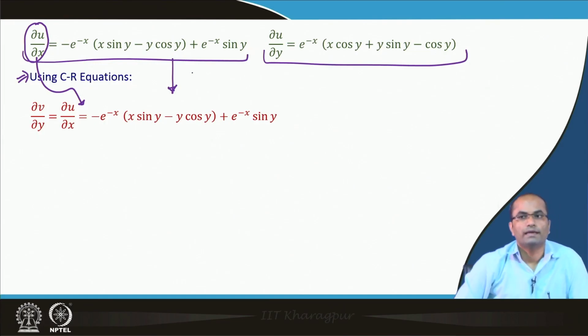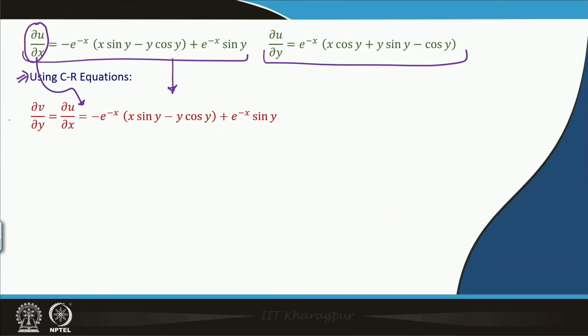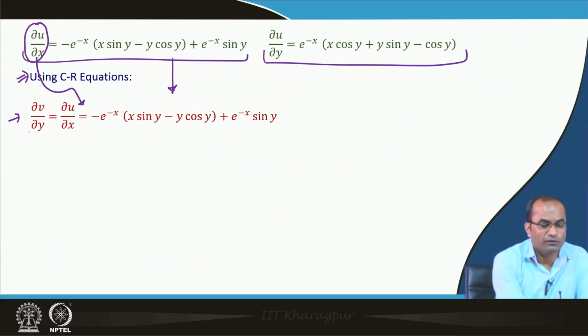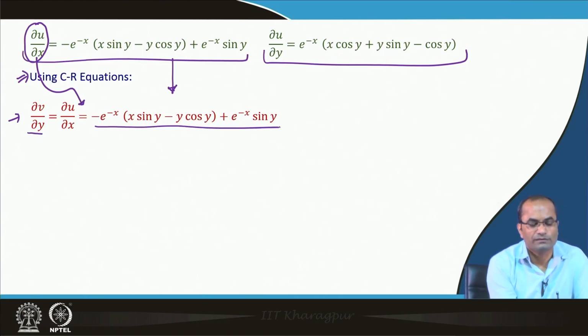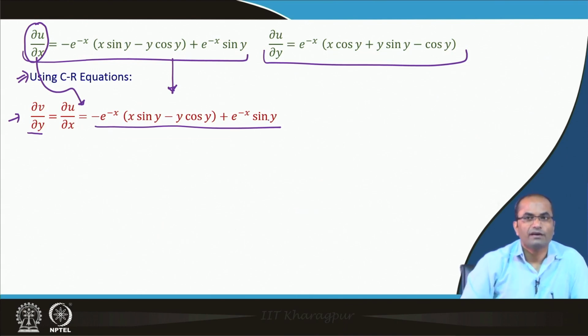So, from the CR equation we have del v over del y equal to this expression, which we can integrate now to find a possible form of v.